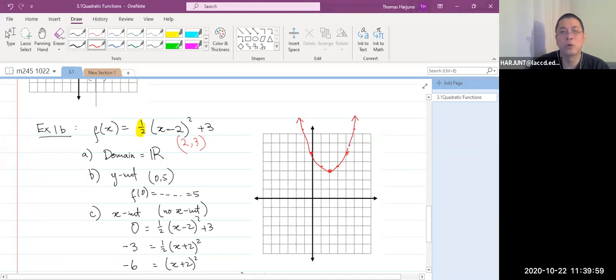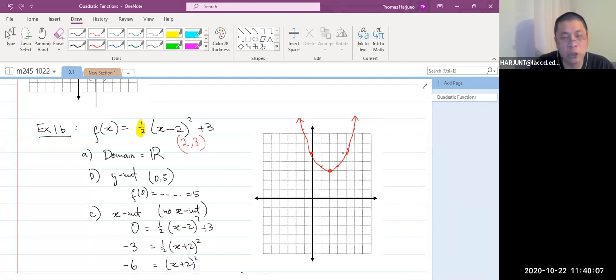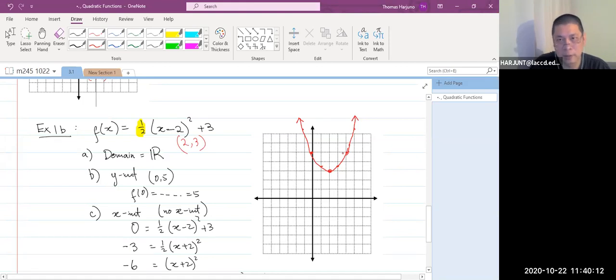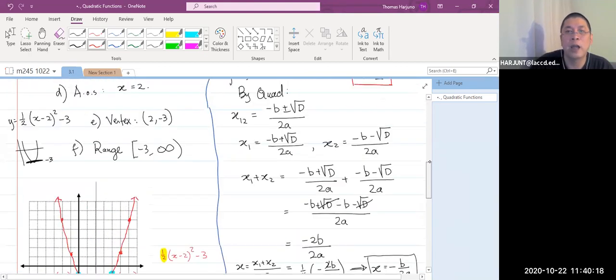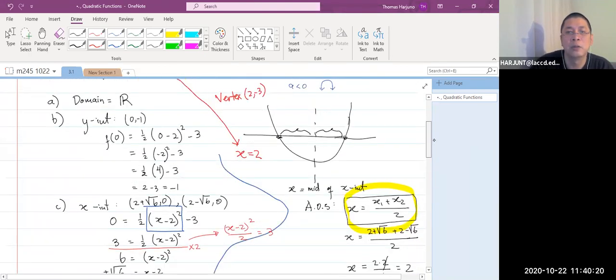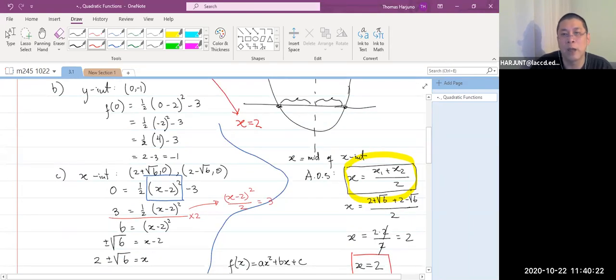So notice that even if we don't have an x-intercept, we still have the vertex. We may have that situation. We still have the axis of symmetry. To find the axis of symmetry, one way is to get the midpoint of the x-intercepts.